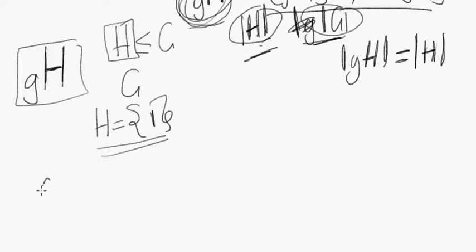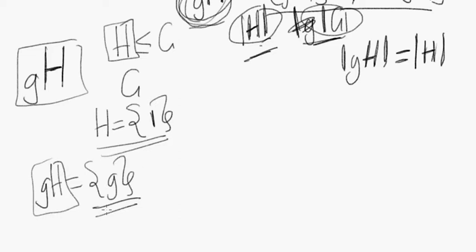Now let's look at the coset. gH turns out to give us just g, right? g times the identity is just g. So how can gH, this coset here, possibly be a subgroup? Because a subgroup must be a group, and this thing is certainly not a group, because g is not the identity element. For something to be a group, there must be an identity.